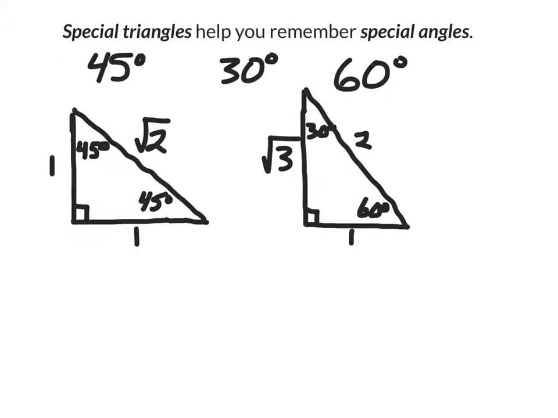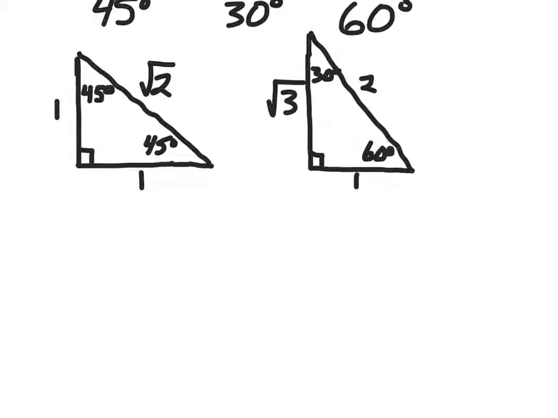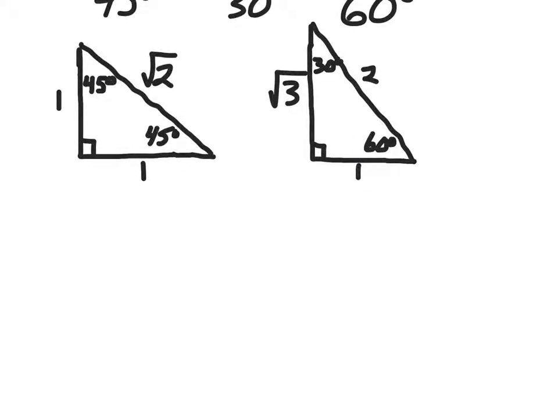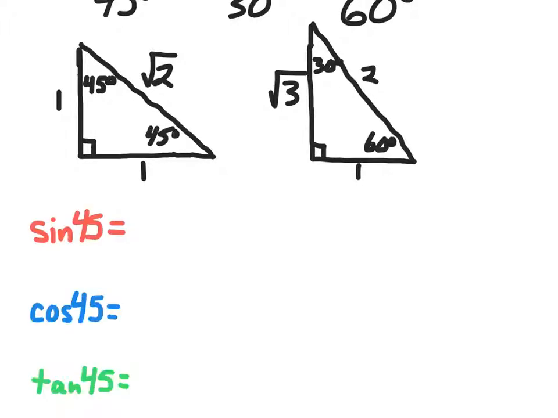I can use these triangles to figure out exact values for sine, cosine, and tangent. If I look at my first special triangle, I can see that the sine of 45 degrees is 1 over root 2.